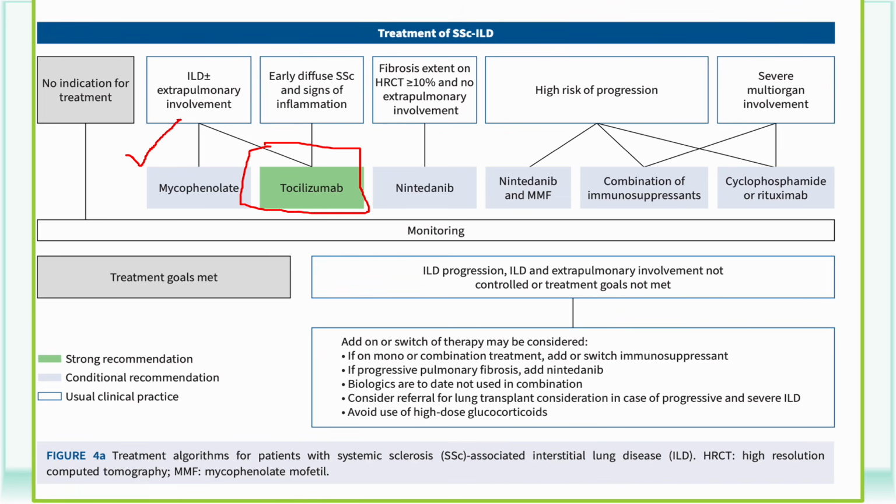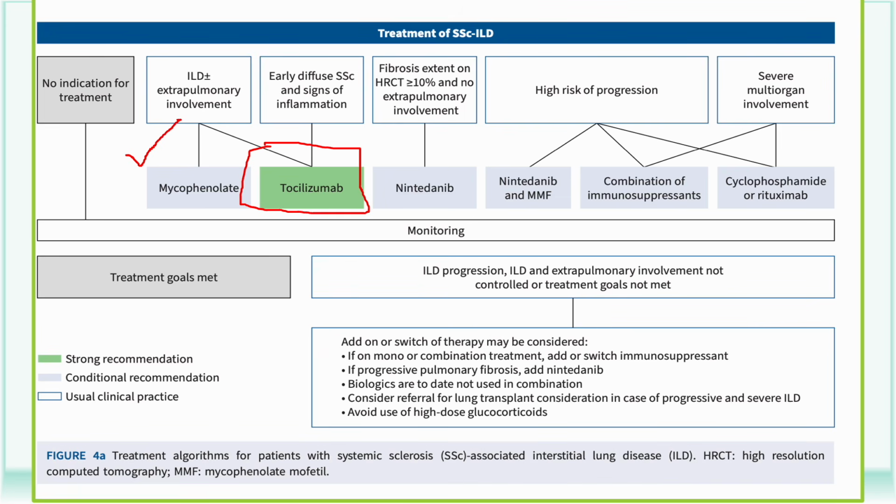This comes with a very strong recommendation for a specific systemic sclerosis ILD: early diffuse cutaneous systemic sclerosis with high inflammatory markers. This is the subgroup where, from a conditional status in the 2023 guideline, we have moved tocilizumab up.